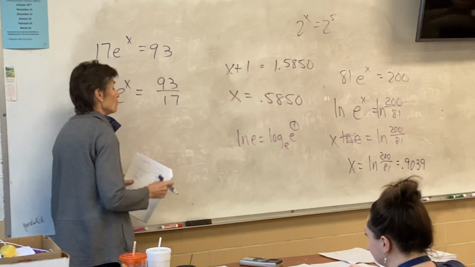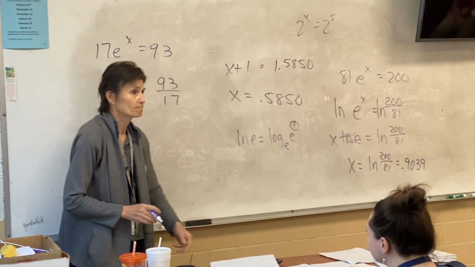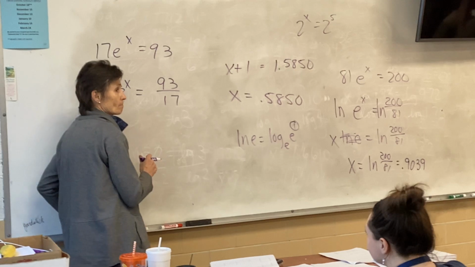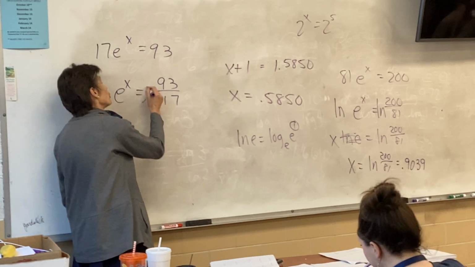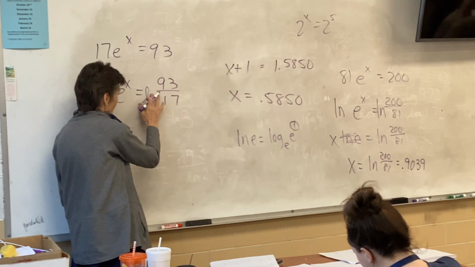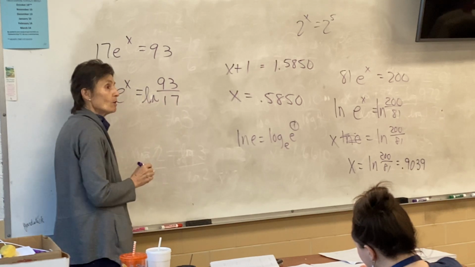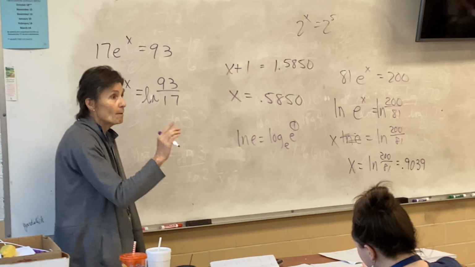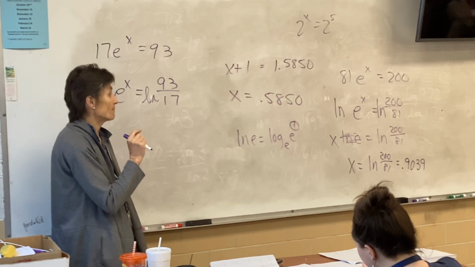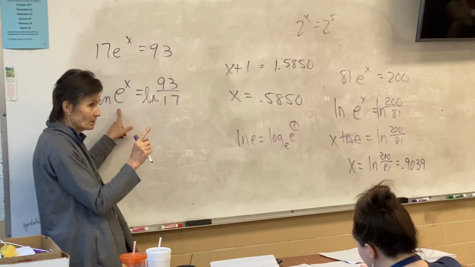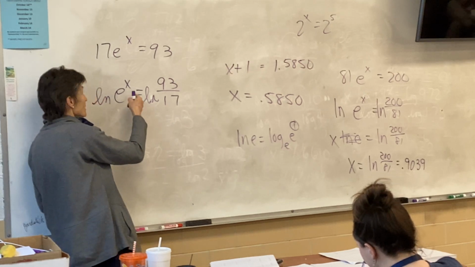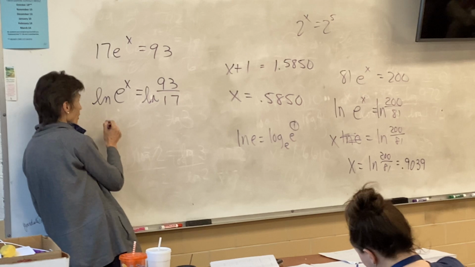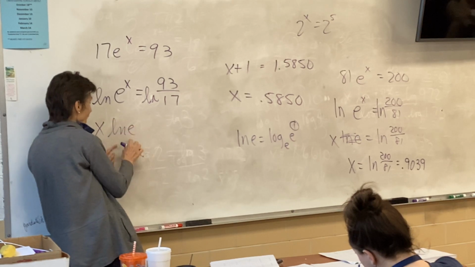All right, here we go. What am I gonna do to solve this? I'm gonna ln. Now, could I log? Absolutely, but it's more work. If there's an e in your problem, ln. Because when you pull this exponent off, what happens right here?